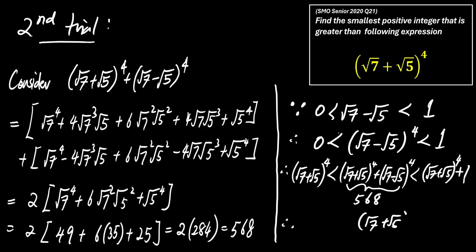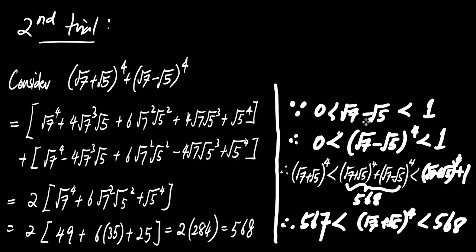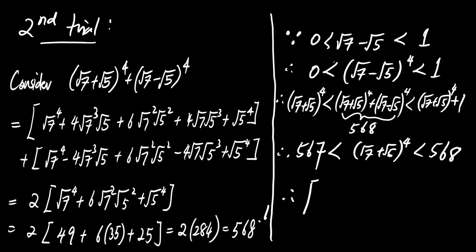In other words, it lies strictly between 567 and 568. The smallest positive integer greater than (square root 7 plus square root 5) to the power of 4 is 568.